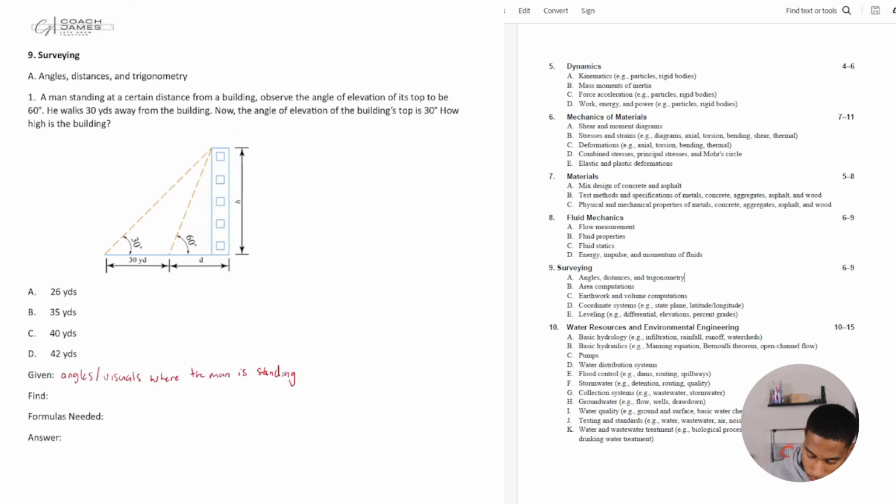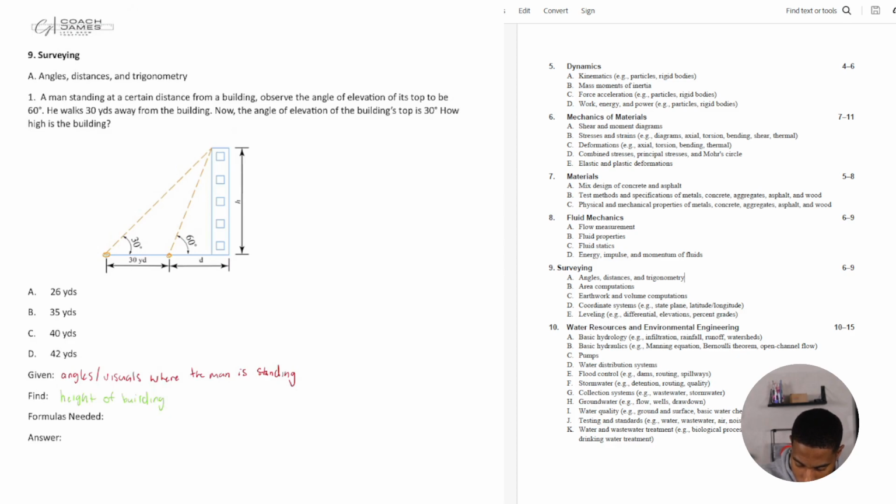He would be standing right here and right there. That's what it's describing. And what are we trying to find? Well, we're trying to find the height of the building. So what formula is needed?